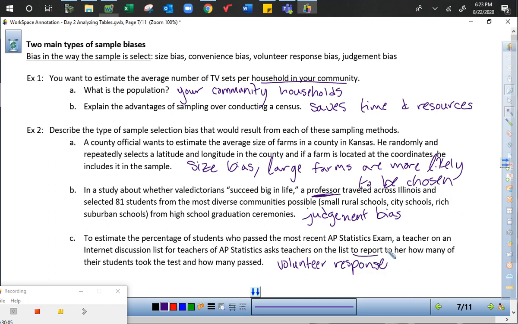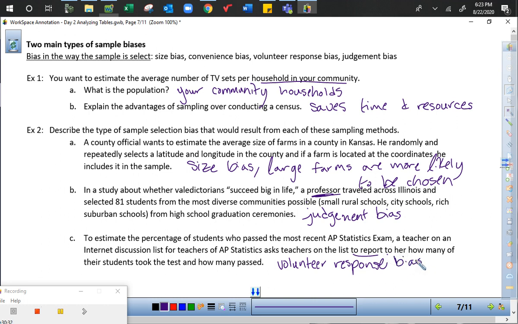Maybe they would fudge their results to make them look better because they don't want to respond with the ones that make them look bad, or they would forget to respond. It could be a little bit of that non-response bias as well. But specifically we're talking about the way it's selected, so this is a volunteer response bias. Let me add that word on there, sorry.